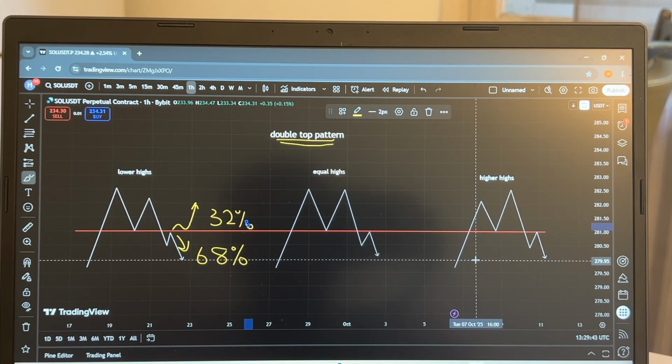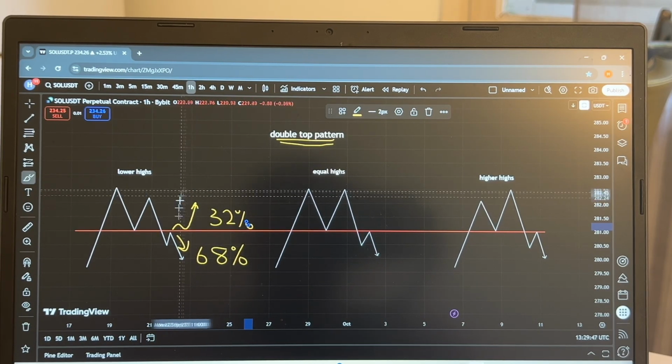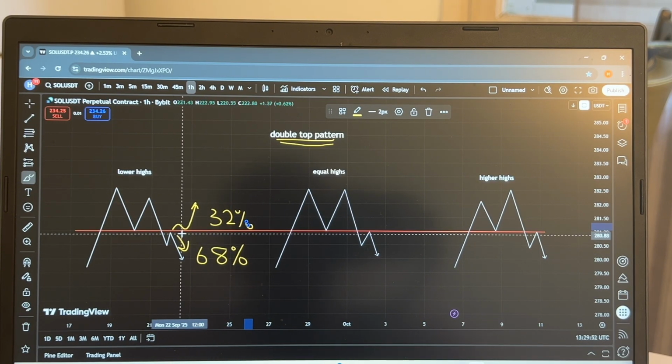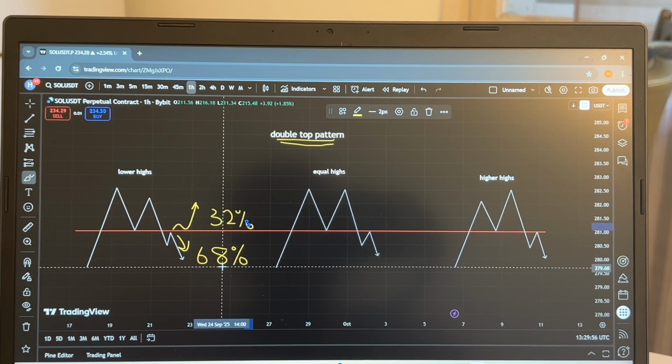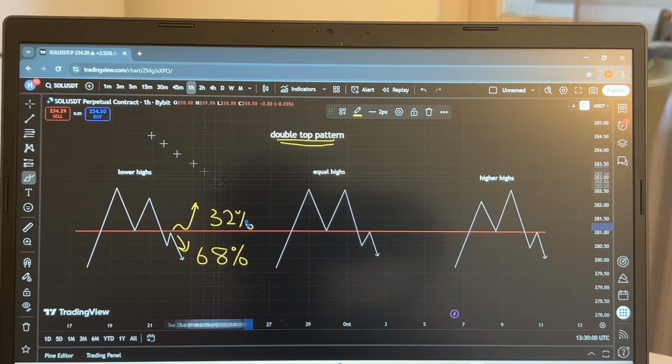I'm not going to waste your time repeating the same thing. Just keep in mind this is not a 100% guarantee. Even if this trend line is broken, it's not definite that it goes down. There is a 68% chance that it goes down and a 32% chance of going up.